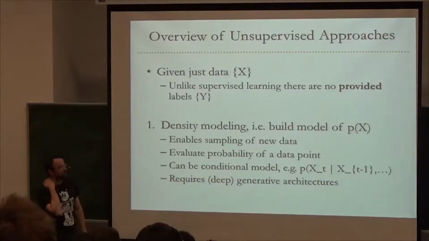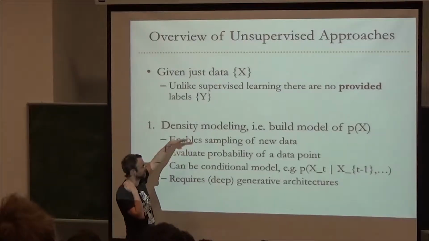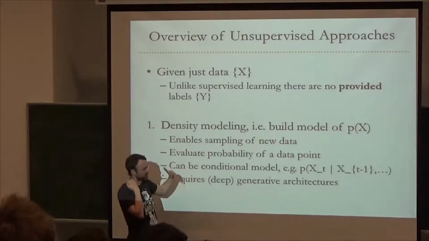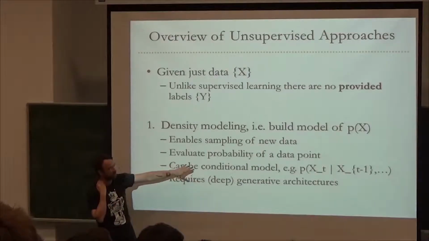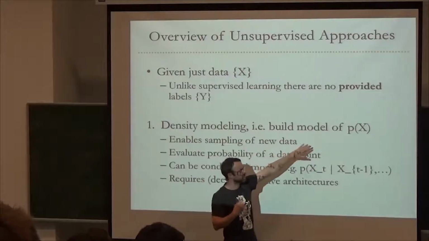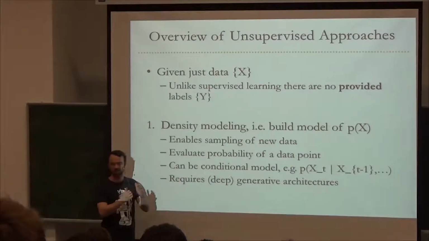And I will go through some models that use deep learning to tackle this problem. I think what's somewhat interesting about them is that, because you're trying to build a model over the space of X, it forces you to think about different architectures from the ones we were talking about previously.